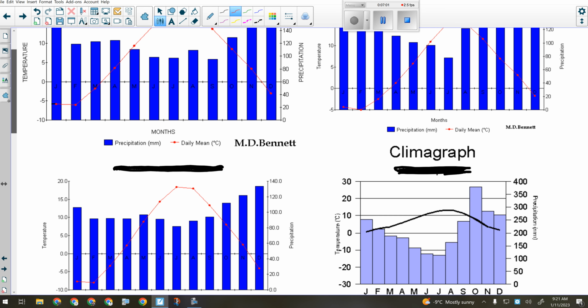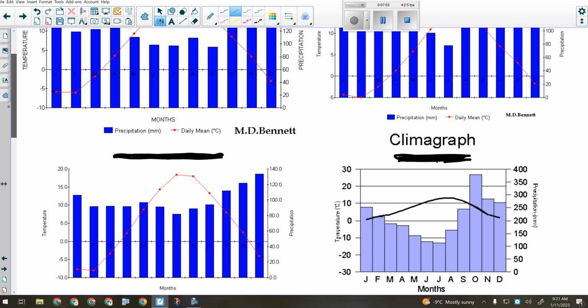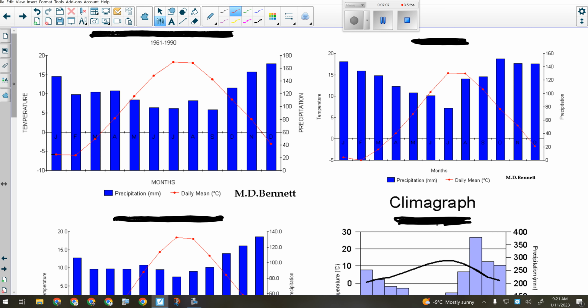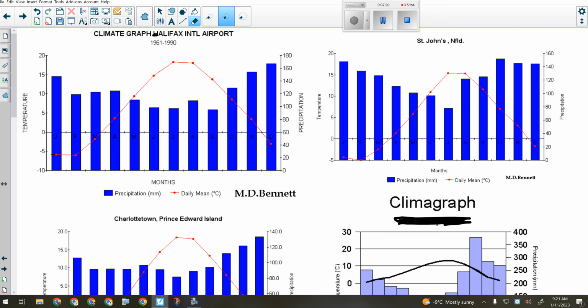So should those three probably go in a group together? For the reveal here: that's Halifax, St. John's, Newfoundland, and Charlottetown, PEI. Yes, those should definitely go in a group together.